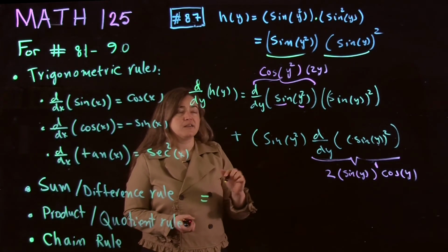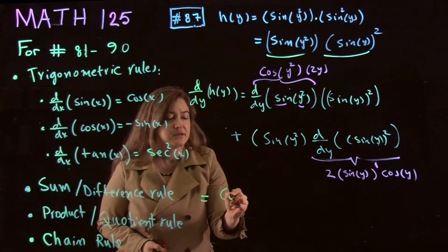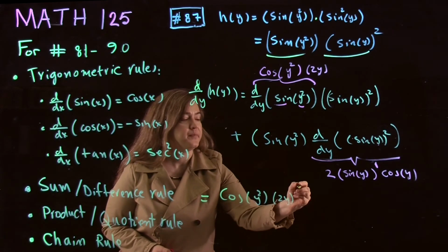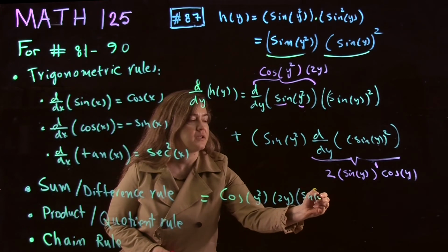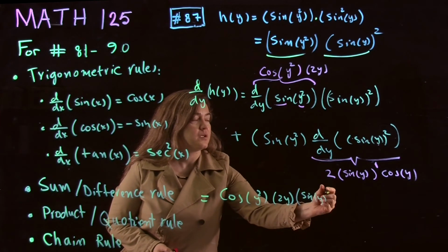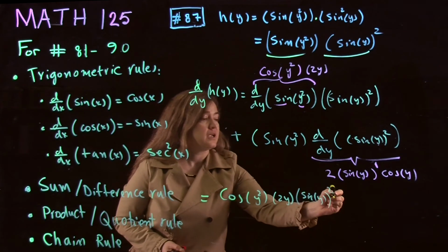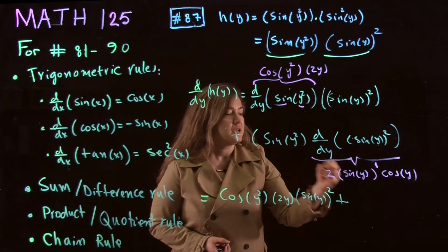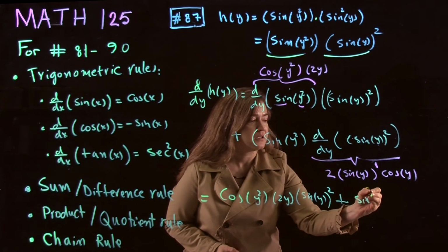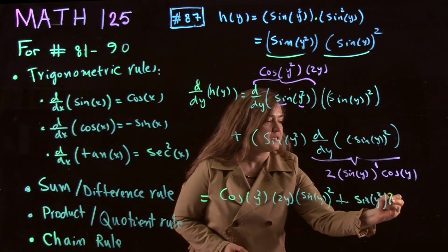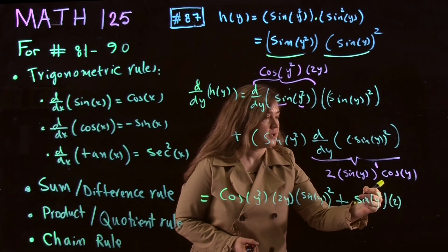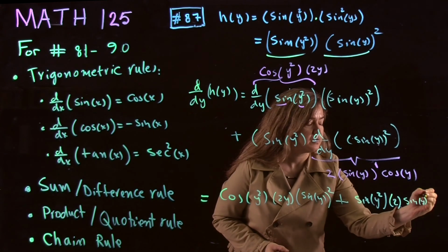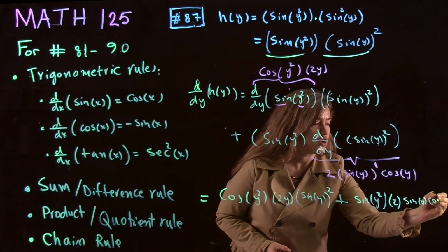Let's rewrite this entire thing as cosine of y squared times 2y times sine of y to power 2, plus, product rule, there should be a plus, sine of y squared times 2 times sine of y times cosine y.